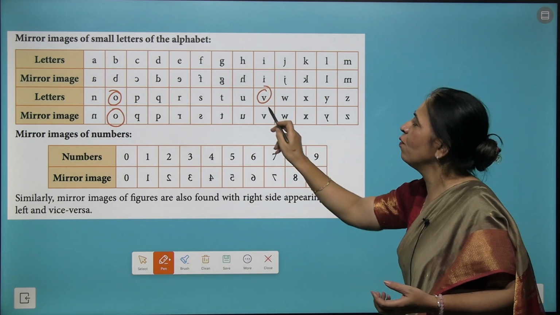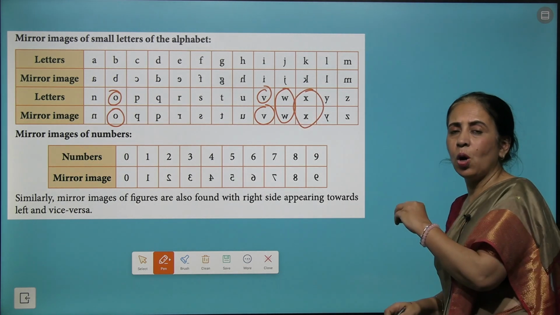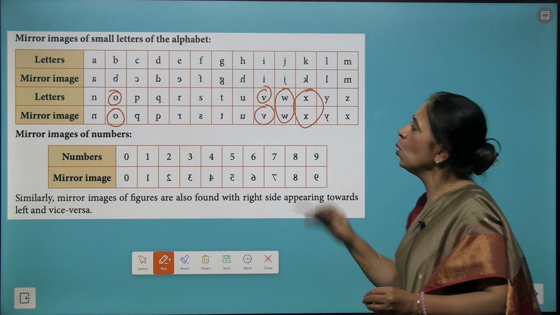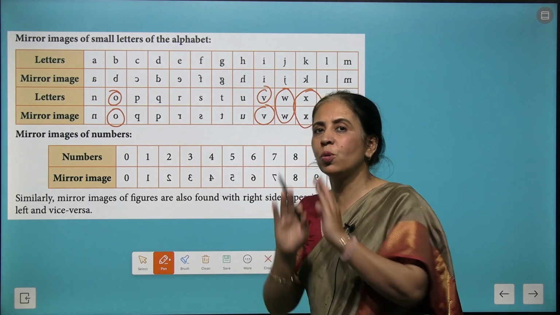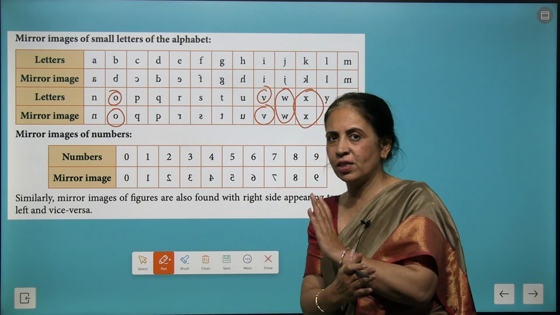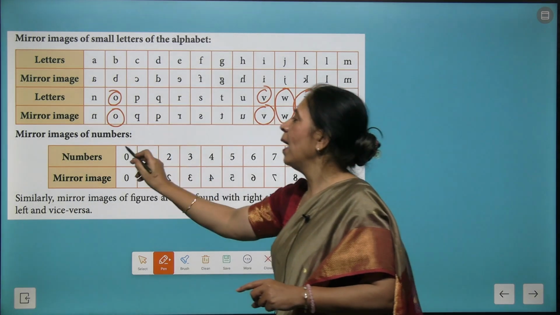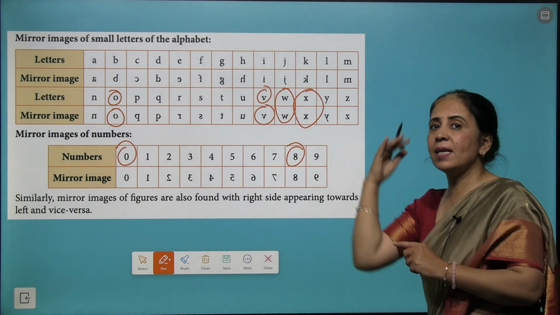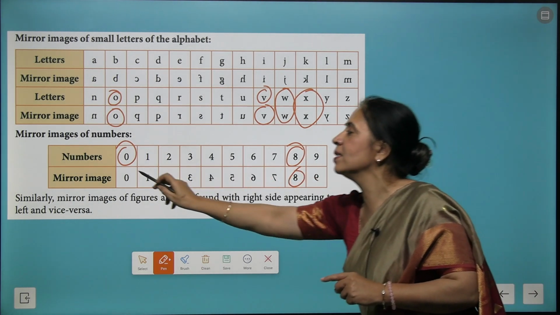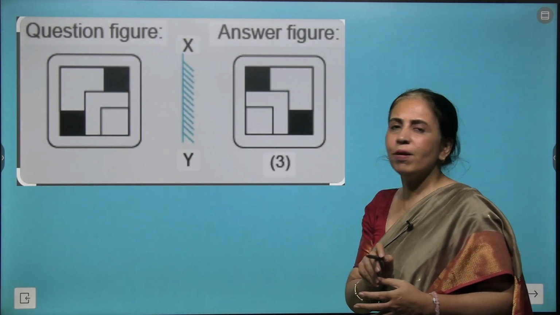Like you could see alphabets V, W, X, and they are not getting inverted. So when you keep these tricks in your mind, it's going to help you read the inverted reflected images more easily. And when you talk about numbers, number 0 and number 8 appear exactly the same in mirror images. See, it's over here.